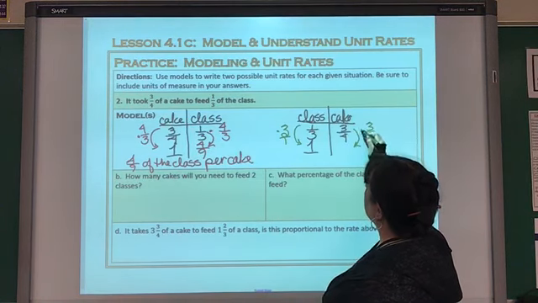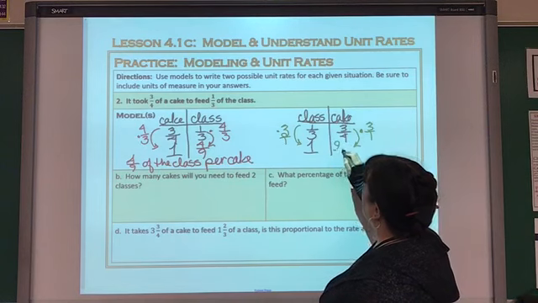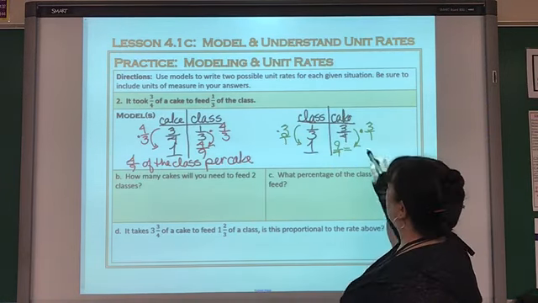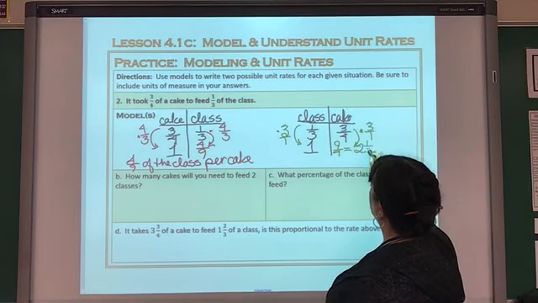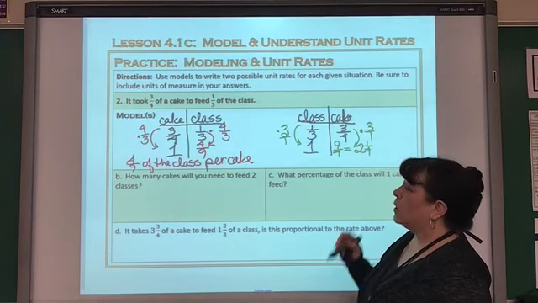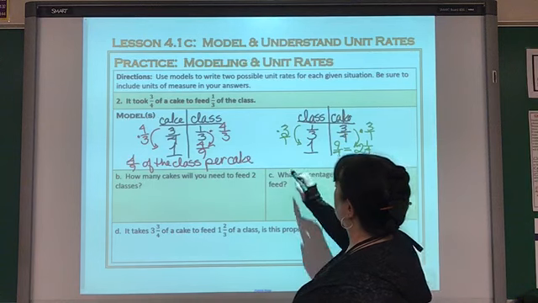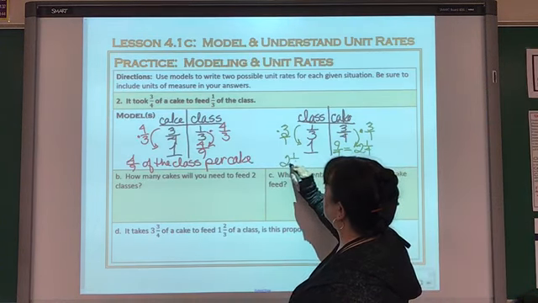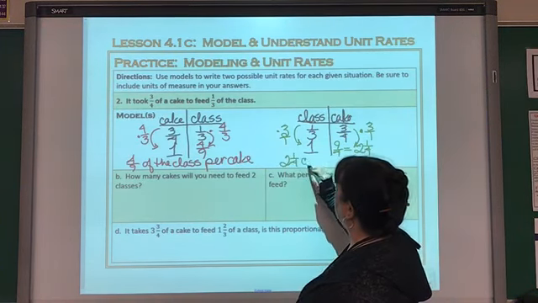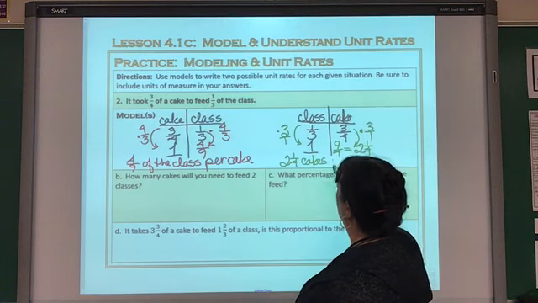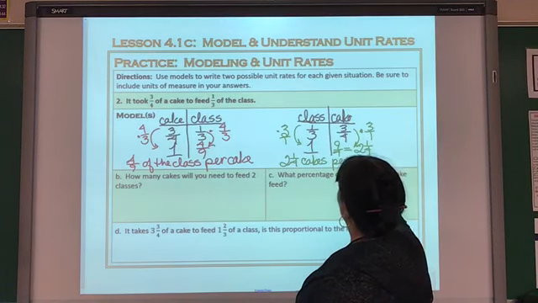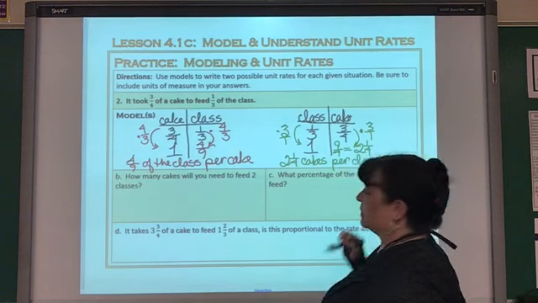What this then gives me is 9/4, but 9/4 I can simplify into being 2 1/4. So this unit rate would be 2 1/4 cakes per class.